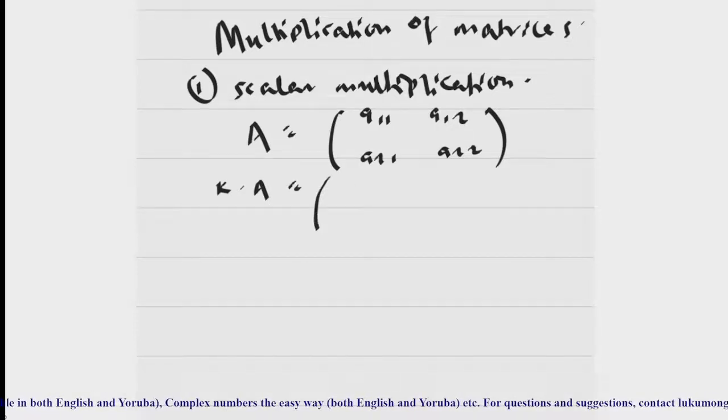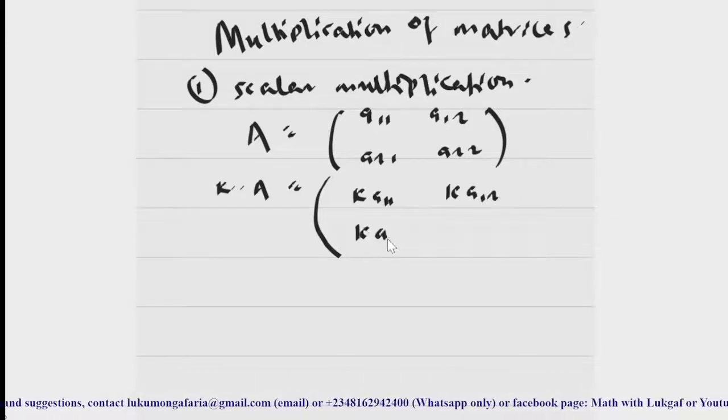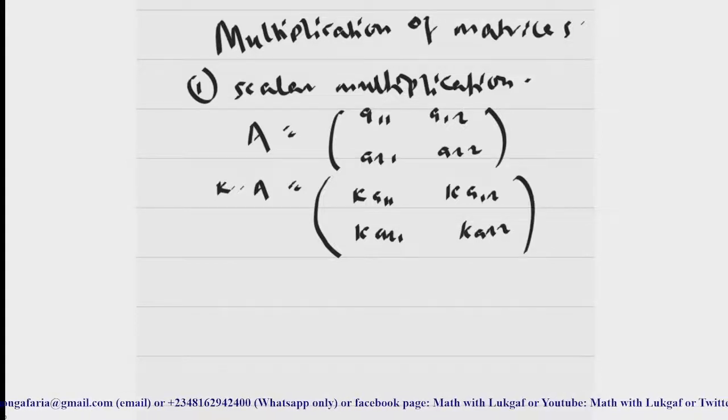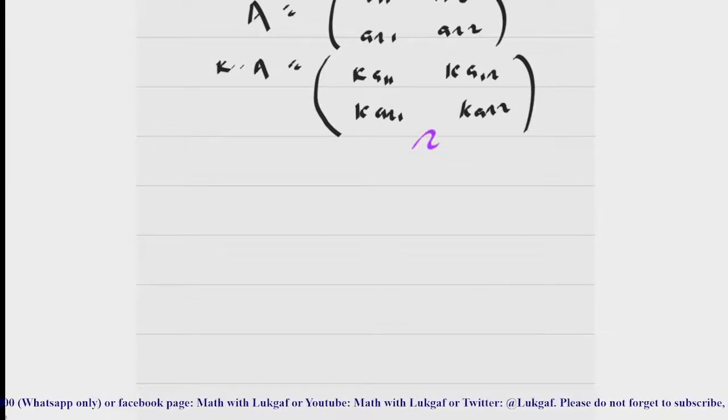If you want to multiply a number known as a scalar by a matrix, then you multiply the number by each of the elements in the matrix. Then I'm going to have KA11, KA12, KA21, KA22.